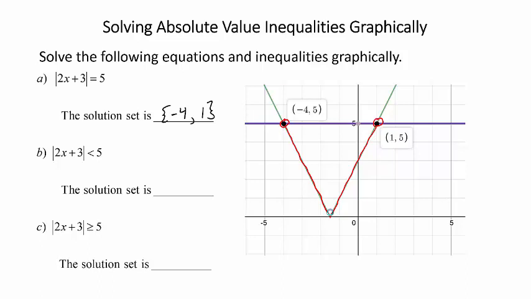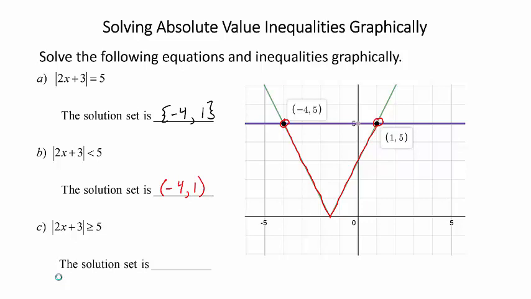Because that is really where the absolute value of 2x plus 3 is less than 5. Well, the domain of that piece is -4 to 1, and I'm going to state that in interval notation, (-4, 1). I'm using the open parentheses because we have strictly less than, so we're not including the point at x equals -4 or at x equals 1.